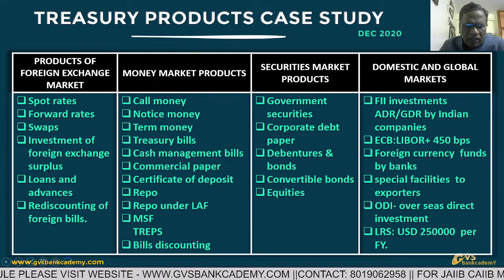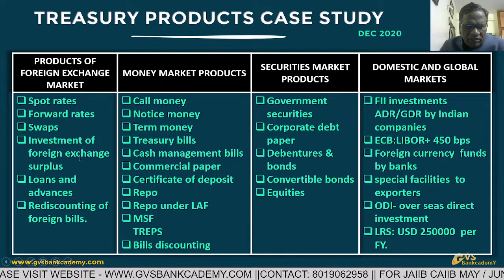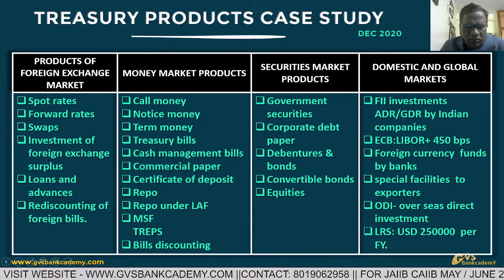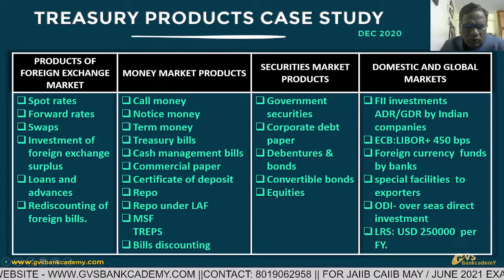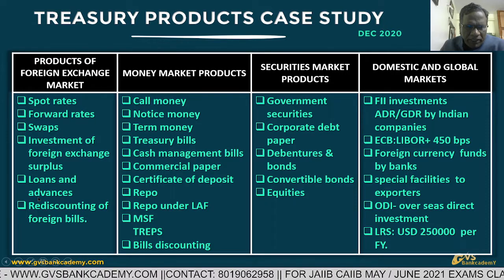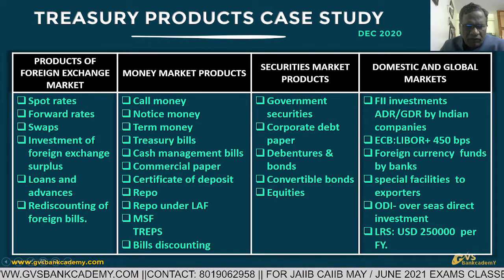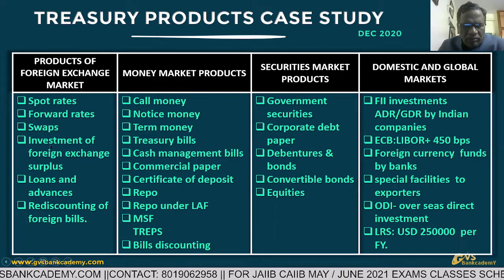Investment of foreign exchange surplus: if a bank has surplus foreign currency, it first invests in loans and advances to exporters, pre-shipment and post-shipment credit in foreign currency. Then rediscounting of foreign bills.